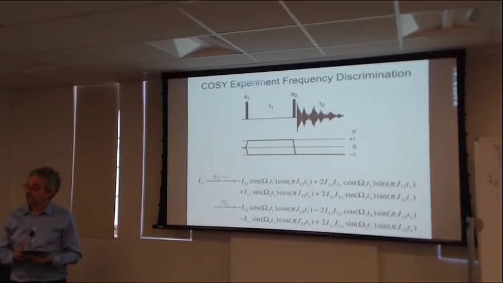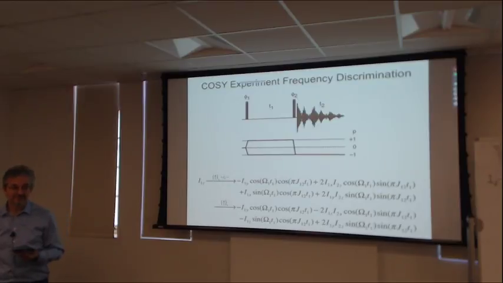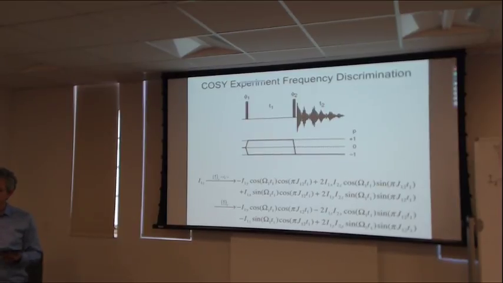And one way or another, that's how essentially all 2D experiments are done. This is called frequency discrimination, quadrature discrimination. There's different ways of doing it. It will be called States, TPPI, or States-TPPI, N and P type, Rance-Kay.